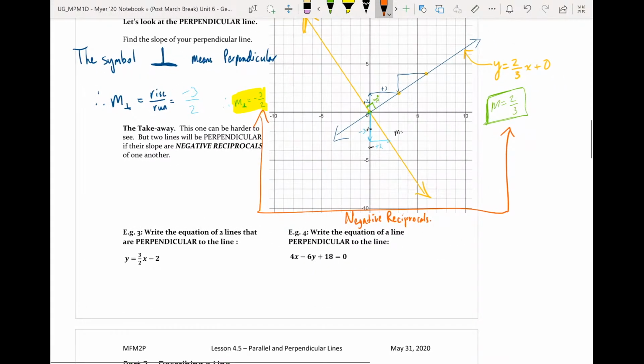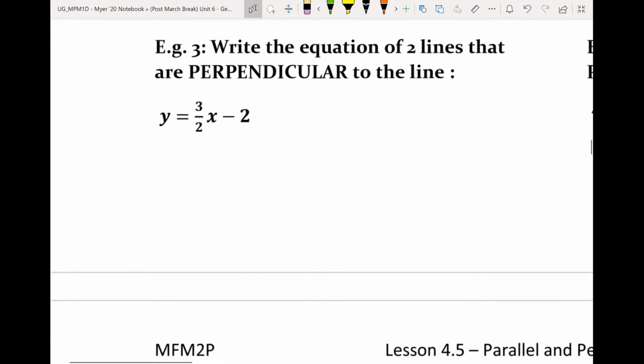All right, so let's start off really easy. Write the equation of two lines that are perpendicular to this line. Well, we have to look at the slope that's right here. The slope of the regular one is 3 over 2. So therefore, the perpendicular slope would be a negative reciprocal, so it'd be -2 over 3.